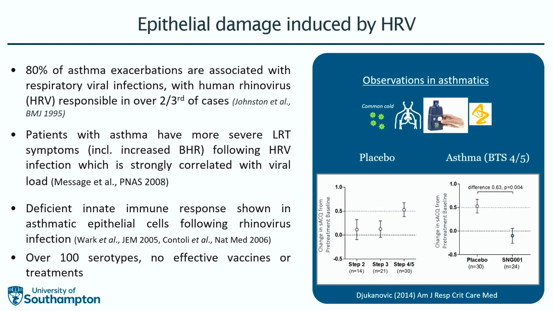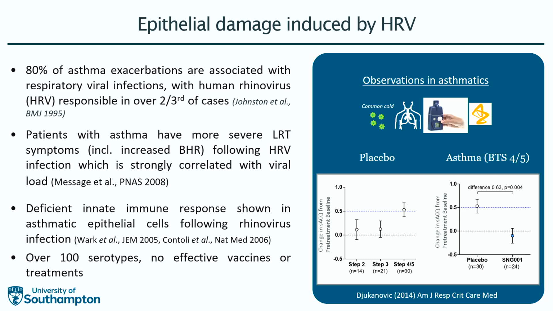On the right, the graph shows a reduction in their asthma control questionnaire score, where 0.5 is a clinically significant difference. They were symptomatic, and only in those patients with severe disease where interferon was administered was there a reversal, showing a true effect.